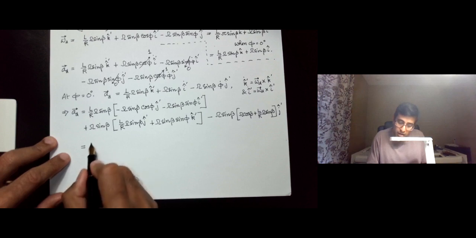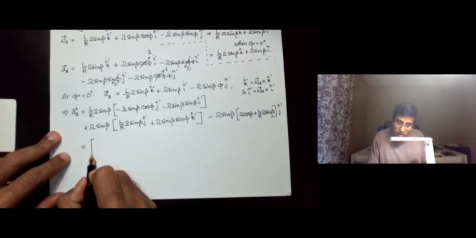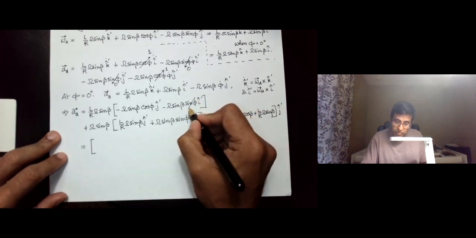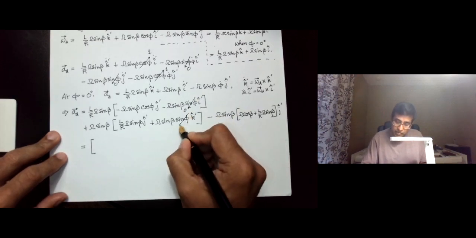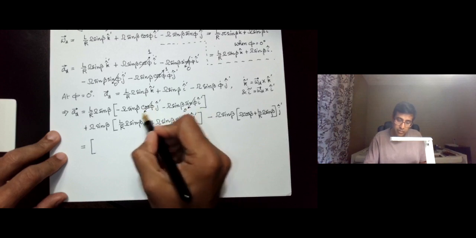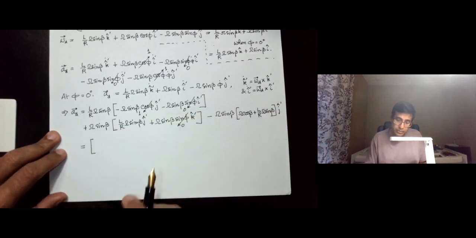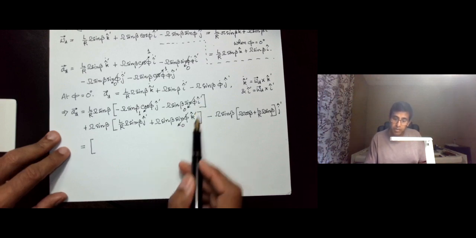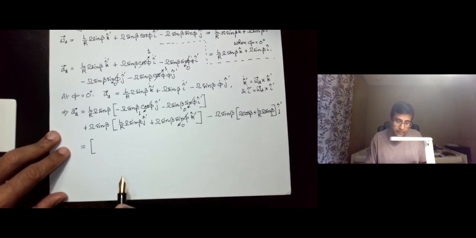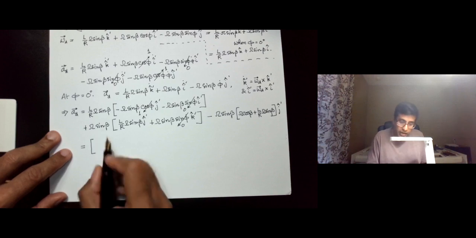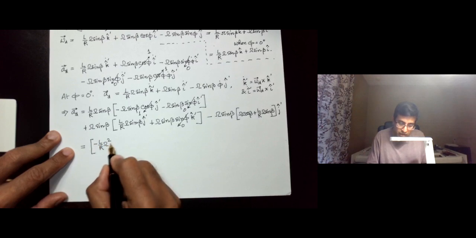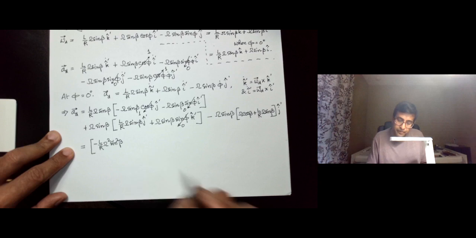Okay, so at this point now we can make the substitutions for phi equals 0. So this drops out, this drops out, this becomes 1. So we have made the substitutions. One thing that we can see is that the i prime component and the k prime component have dropped out. So what we are left with is the following terms: minus L over R capital omega squared sine squared beta.